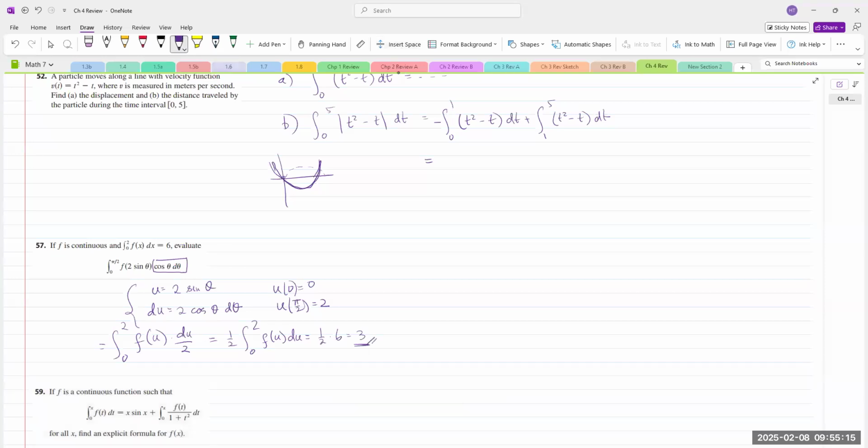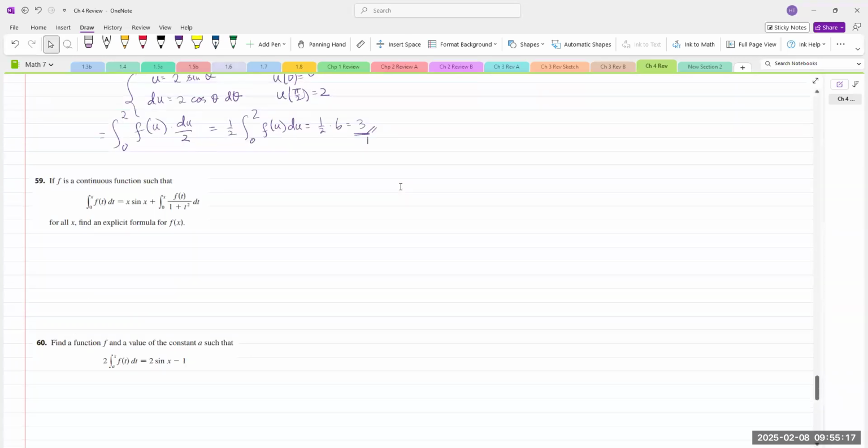That's 57. 59. If f is a continuous function such that we have this for all x, find an explicit formula for f(x). Dang. You know what? We do implicit differentiation with respect to x. If I differentiate here, I get f(x).